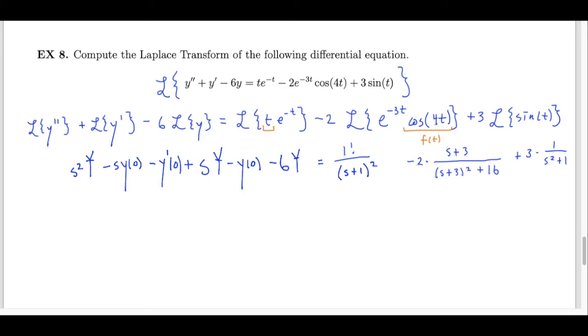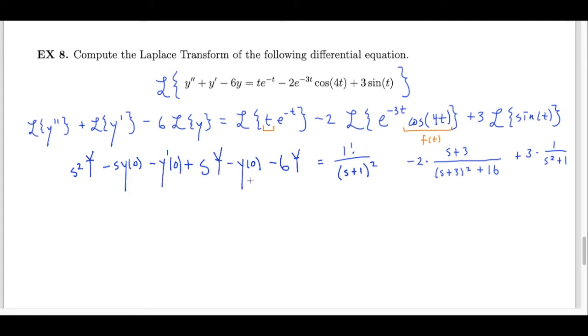For this particular problem, we were simply asked to compute this transform, so we don't have to push it any further or do any additional steps. But I would like to clean it up a little bit algebraically and make a couple more comments. First of all, I will remind you that these terms, y of 0, little y prime of 0, are just constants.